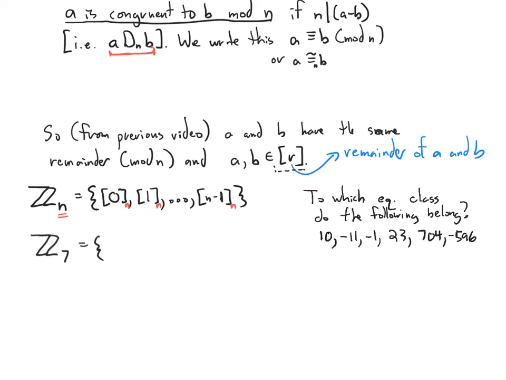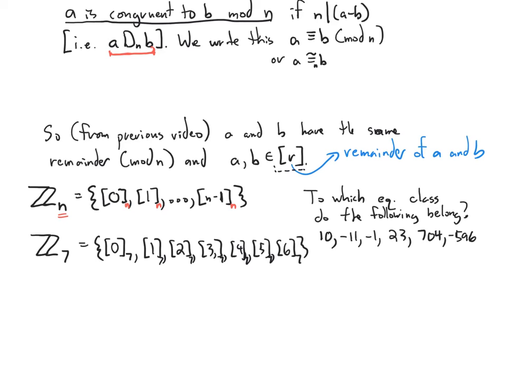Okay, now that we're back, well, we're in Z7, so the equivalence classes are, and I'll put this little 7 subscript in, 0, 1, 2, 3, 4, 5, and 6. Again, that's just highlighting that we are working mod 7, where we're dividing by 7.